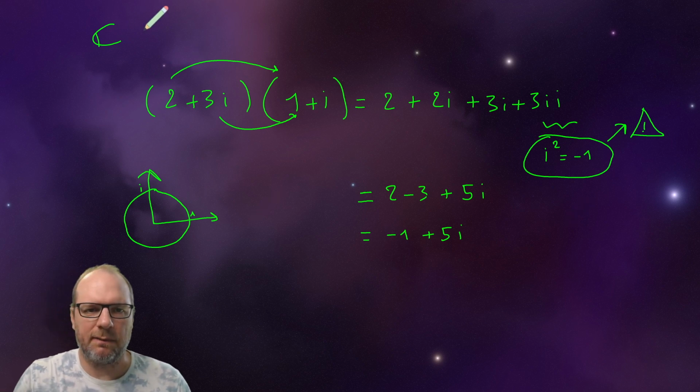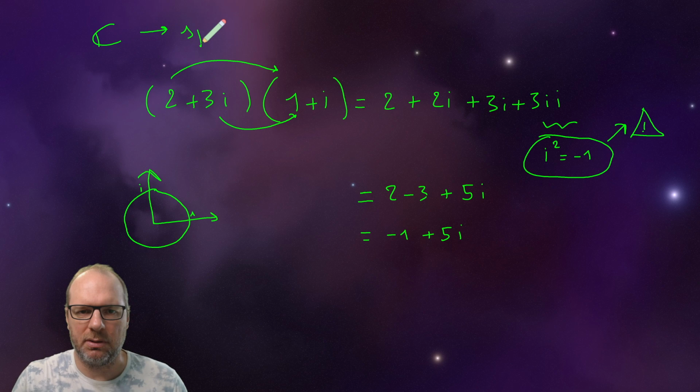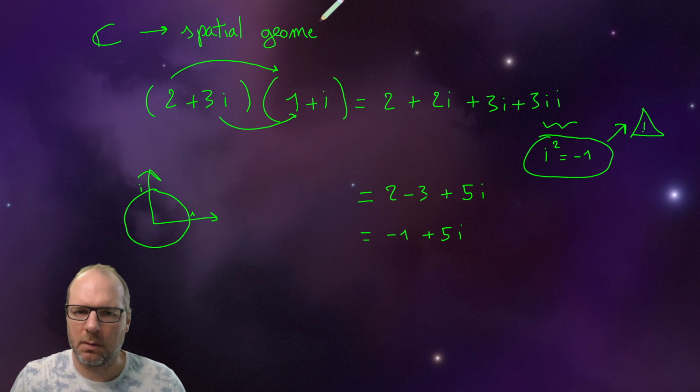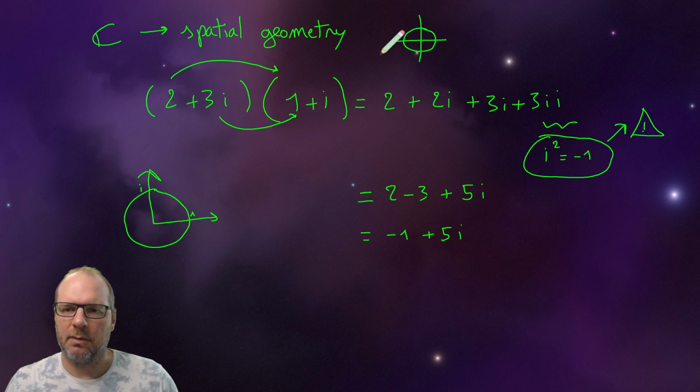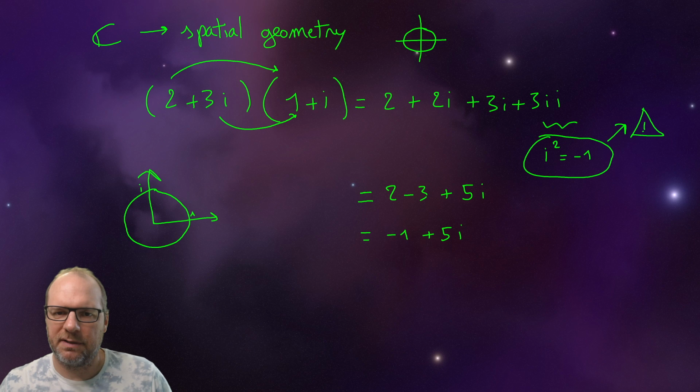Complex numbers are for spatial geometry. We can represent, for example, a circle. The more you multiply by a complex number, the more it makes the whole graphic turn.